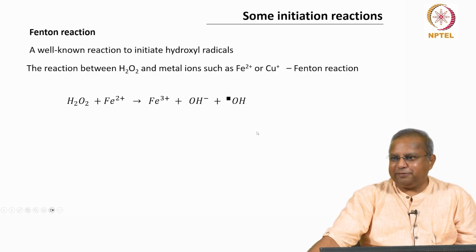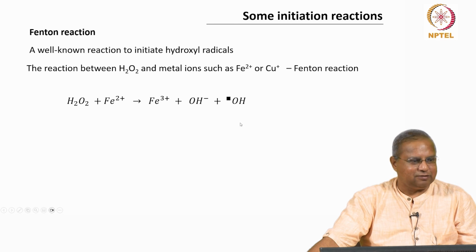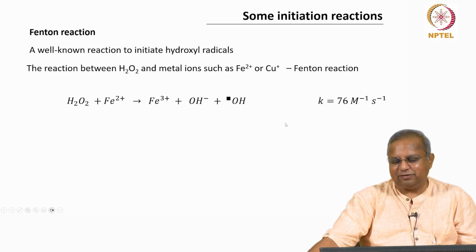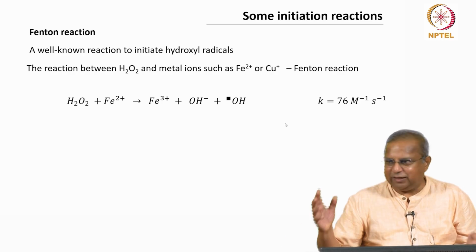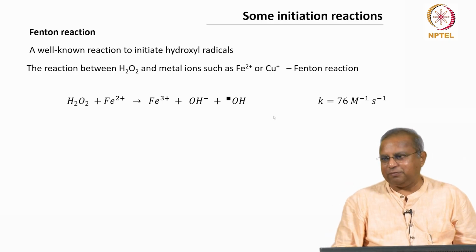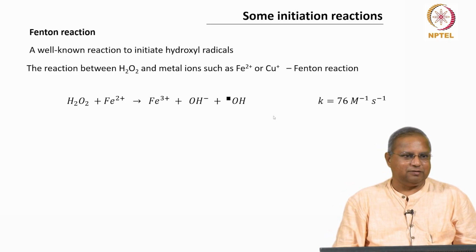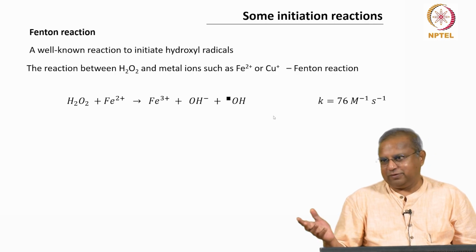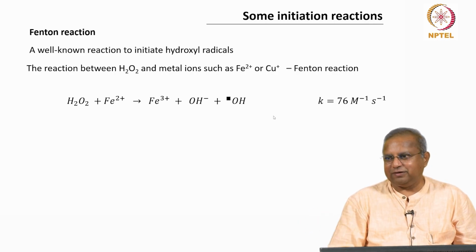Despite its popularity, if you look at the second order reaction rate constant of this particular reaction, it is only 76 per molar per second. Okay. Whereas we think in terms of 10 power 8, 10 power 9, 10 power 11. I have even seen 10 power 11 at times with hydroxyl radicals. And reactive species are usually reactive and so on and so forth.